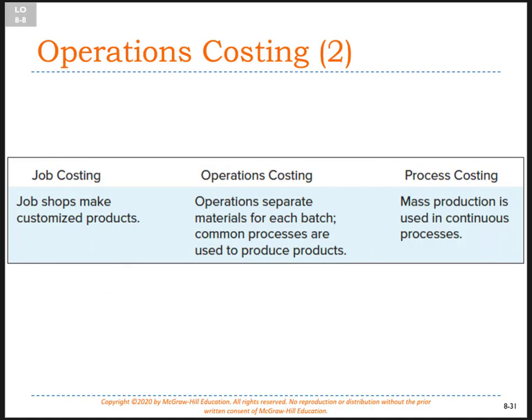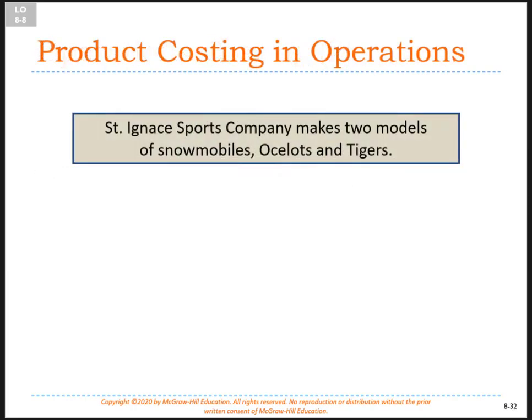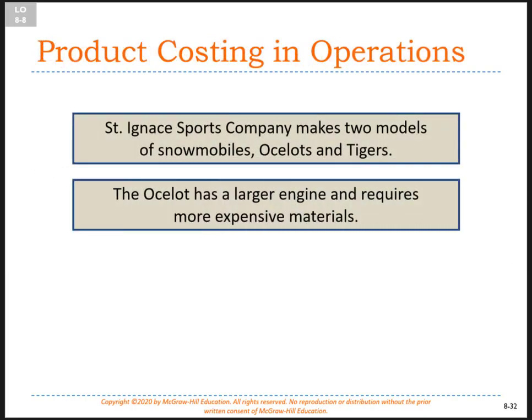Typically, it is done when there is, by batches, that we have common processes but different materials. So, for instance, the sports company has two types of snowmobiles, all right? They go through a similar process, but the Ocelot has a larger engine and has more expensive materials and is customized to some extent.